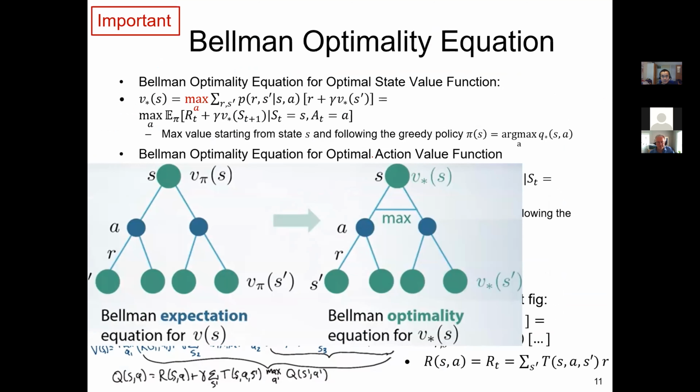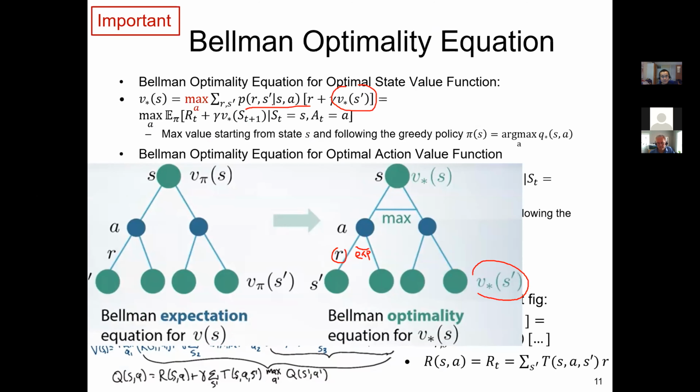From V star S prime, you multiply by gamma and add the reward R, you come up and take expectation over all possible reward and next state. Whenever you have a no mark here, it's expectation.